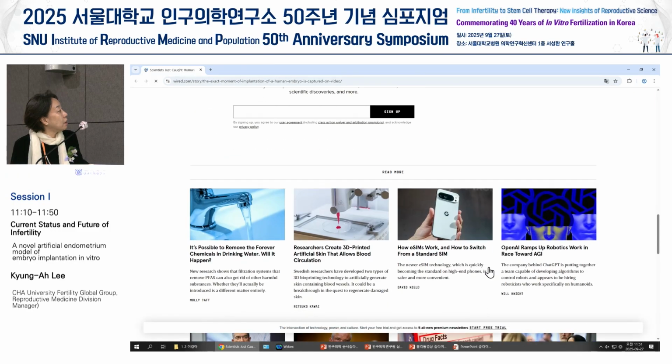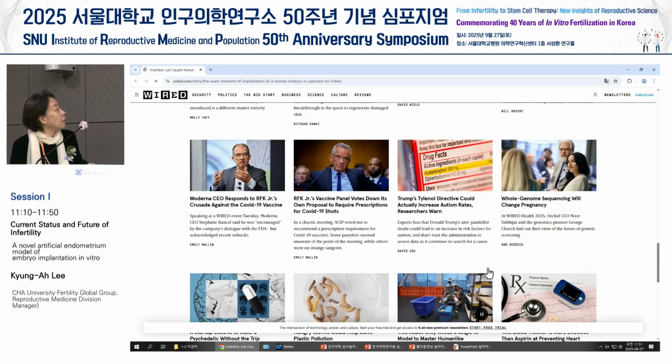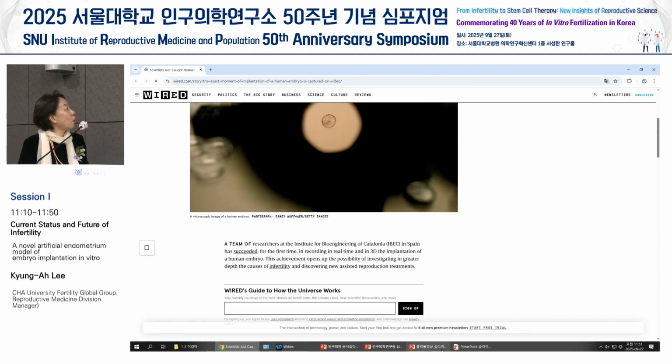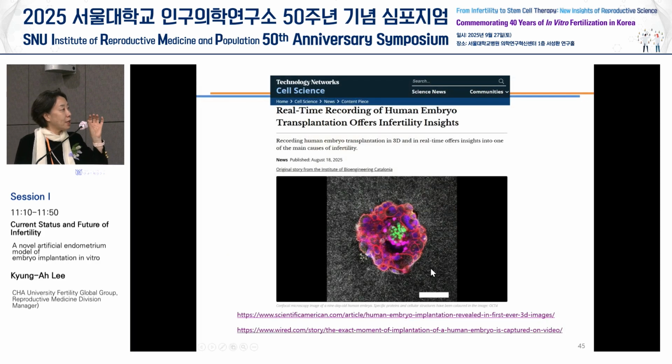It worked for me at home, but anyhow, they had a very short clip, a couple of milliseconds, showing embryos dipped into collagen. This is collagen gel, and the embryos are growing in the collagen gel.